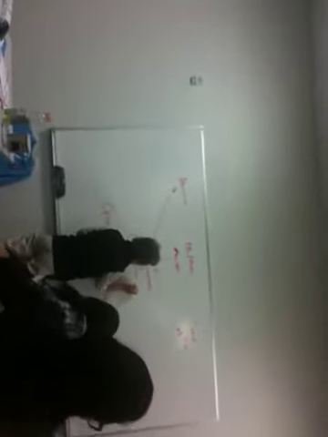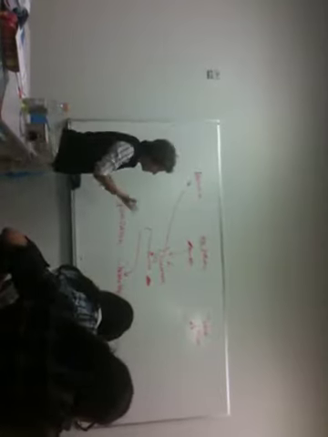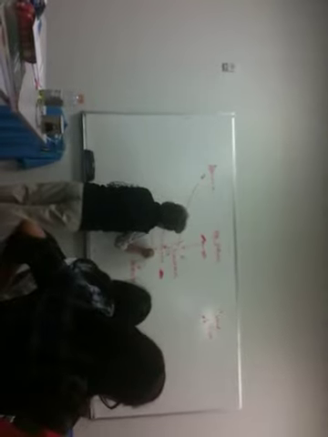C3b is going to build up on the microbe. Here's our microbe, and here's my C3b building up on top of it. After a while, in any of the pathways, there's so much C3b and a few other molecules involved, depending on the pathway, that you form C5 convertase.